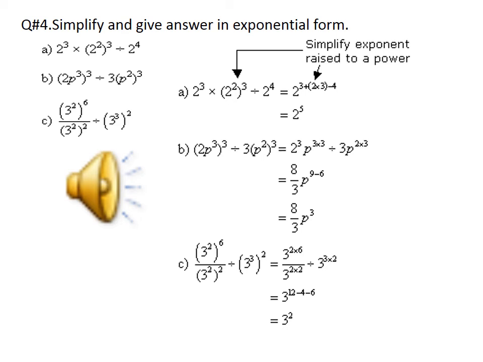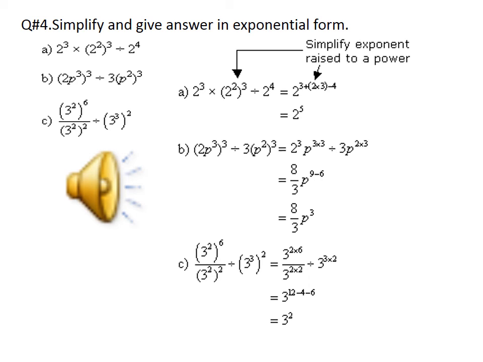Very easy: simplify and give the answer in exponential form. Look at the first example, that is 2 cube into 2 square, whole cube, divided by 2 power 4. Simply shift 2 power 4 down, and write 2 cube into 2 square whole cube in the numerator and 2 power 4 in the denominator.